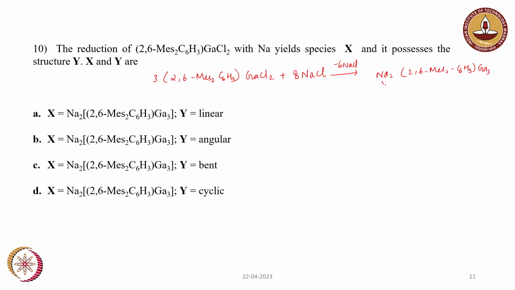So X is Na2[(2,6-Mes2C6H3Ga)3]. The structure will be gallium in the cyclic form.